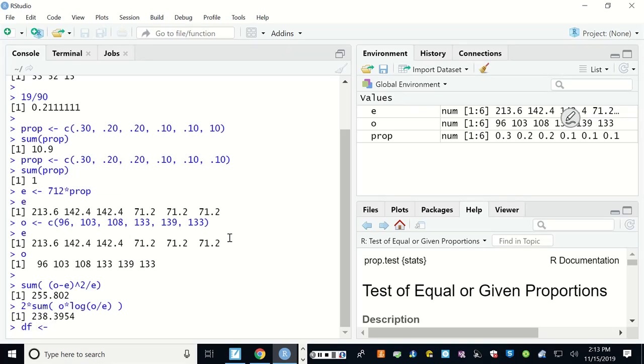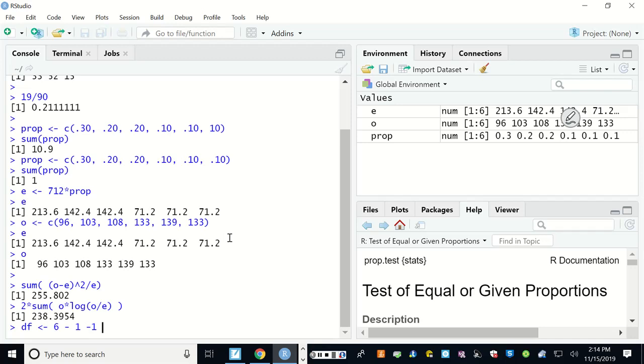So how many M&M categories? There are 1, 2, 3, 4, 5, 6 categories for M&Ms, minus essentially 1, because everything has to add up. That'd be 5, but we subtract 1 more.